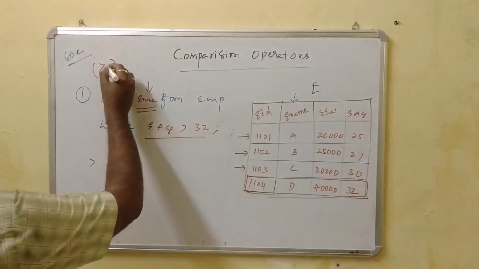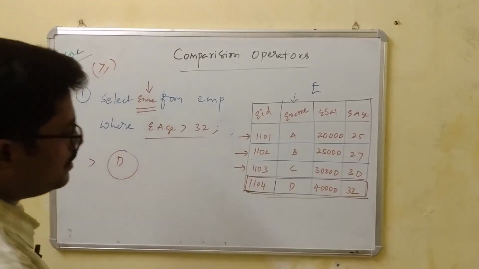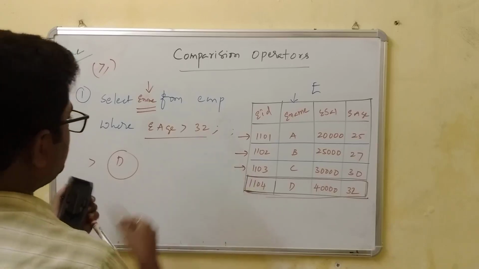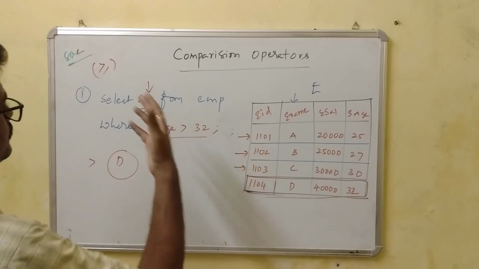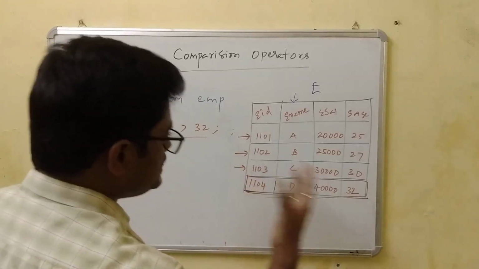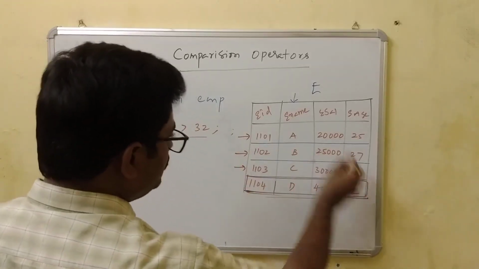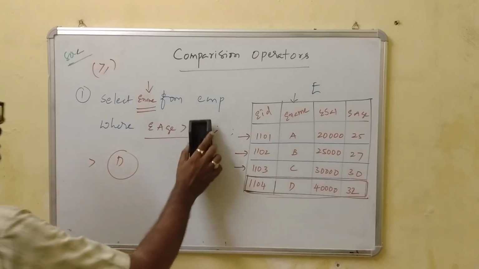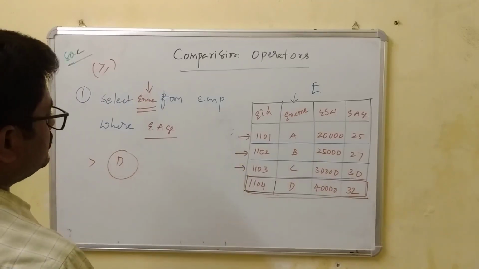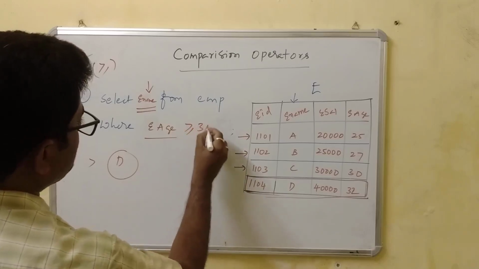So similarly, if you want to fetch the details of the employee whose age is greater than or equal to 30, what happens? If it is greater than or equal to 30, one more row will be selected.